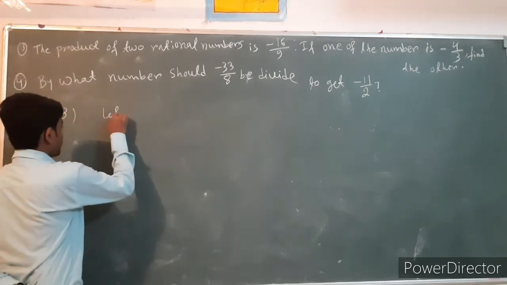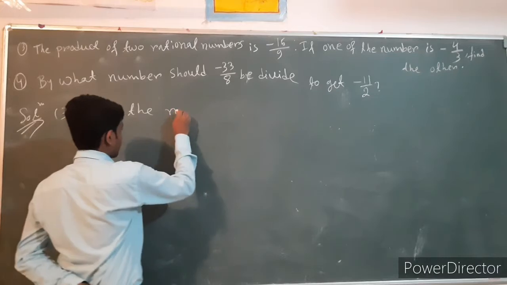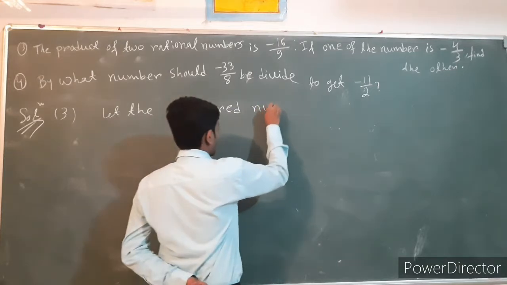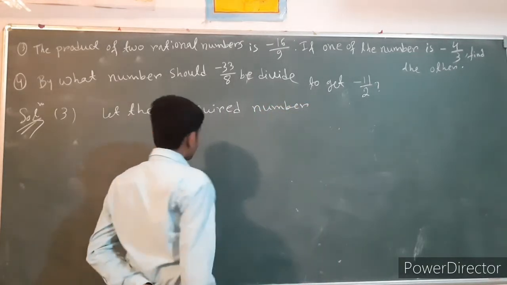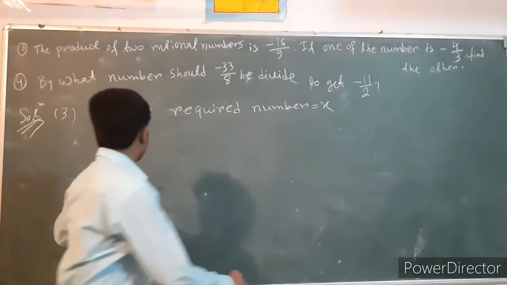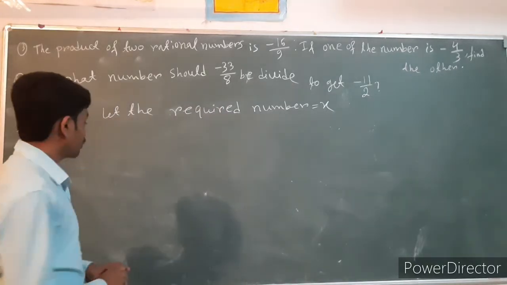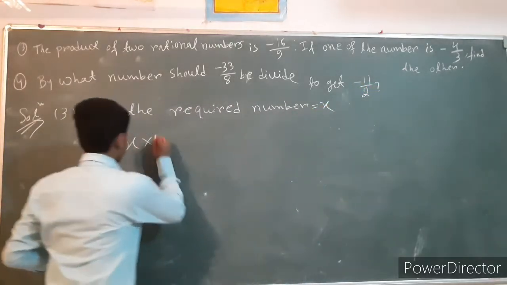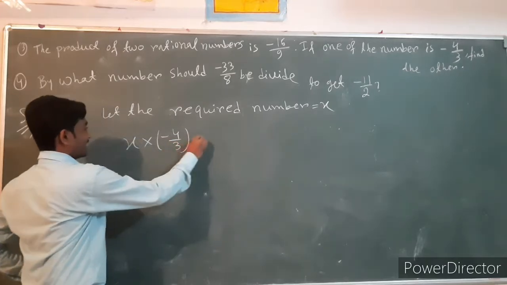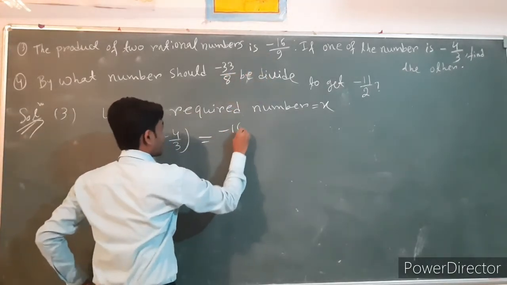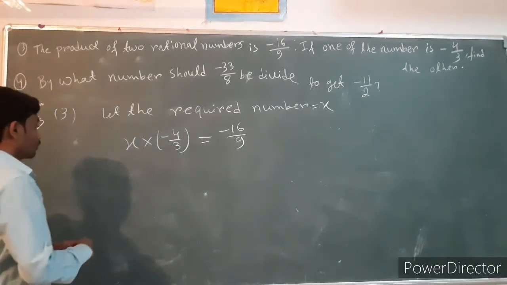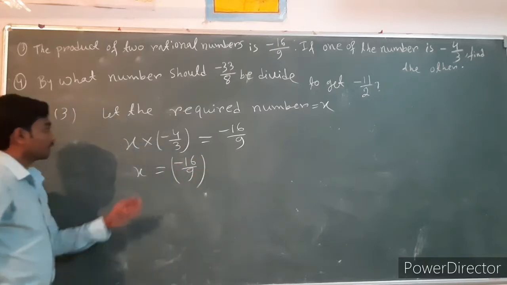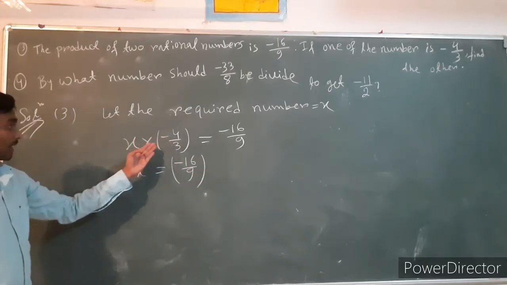Solution. Let the required number be x. So when we multiply x by minus 4 upon 3, we get minus 16 upon 9. So x multiplied by minus 4 upon 3 is equal to minus 16 upon 9.